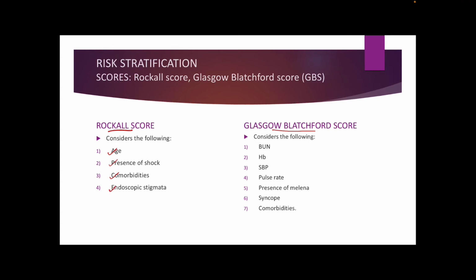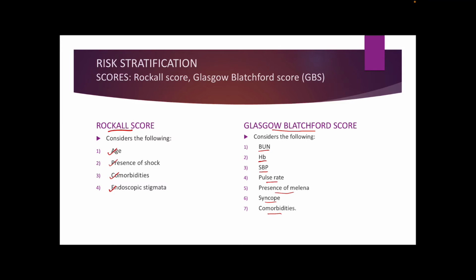These are features that the score takes into account, whereas the GBS score has a few other features, like blood urea nitrogen, hemoglobin, systolic blood pressure, pulse rate, presence or absence of melena, syncope, and presence of comorbidities.